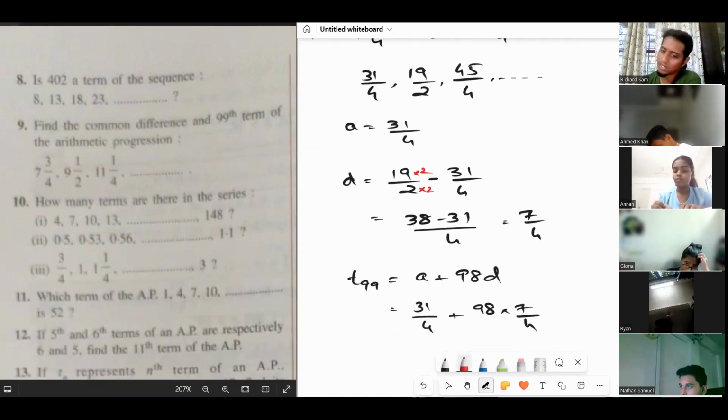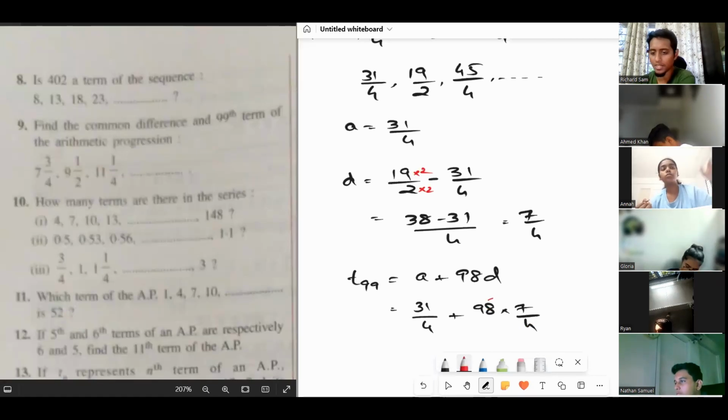So let's cut. Will 98 go in the 4 table? No. So let's cut in the 2 table. 2 2s are 4, 2 4s are 8, 2 9s are 18. Or let's not cut, because the denominator is already 4.